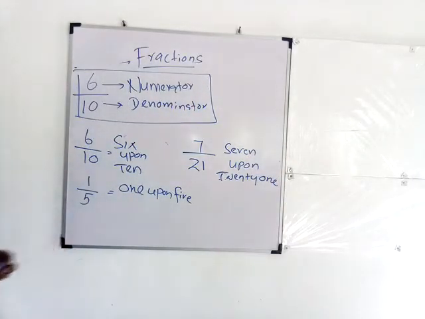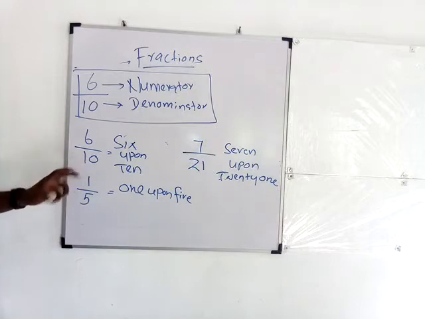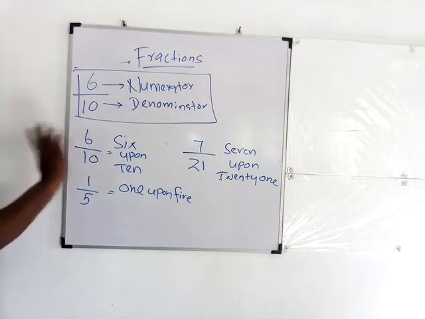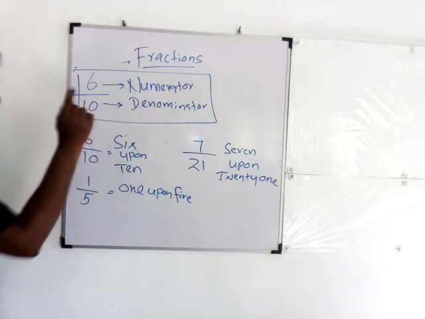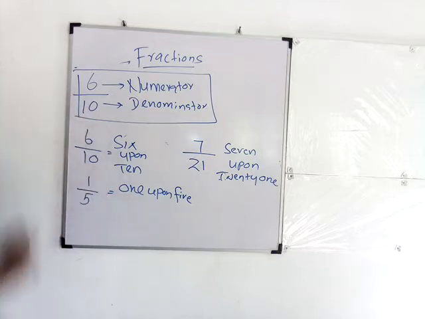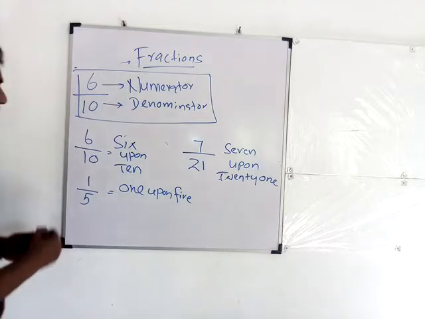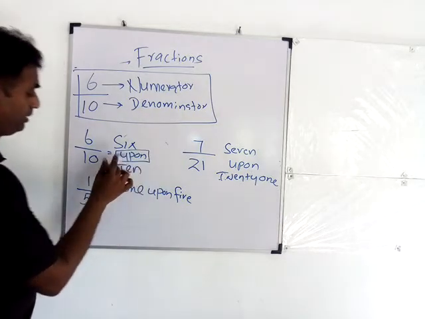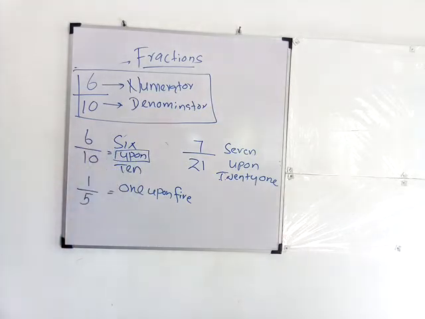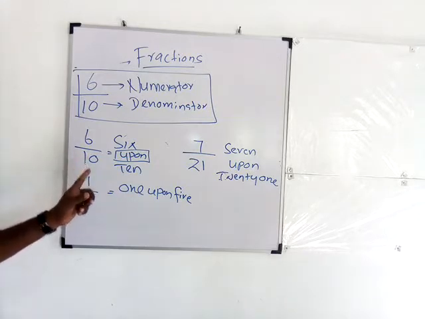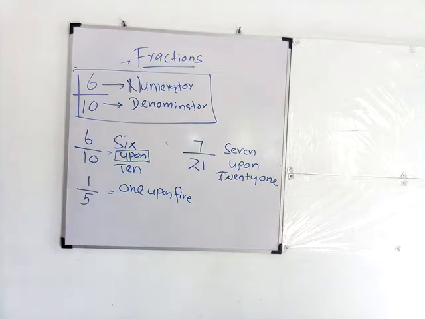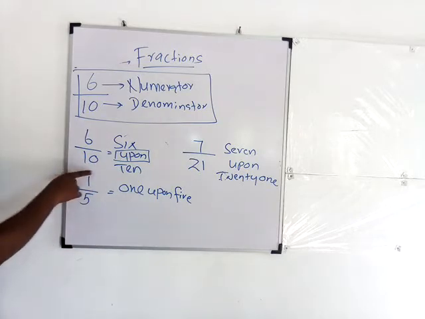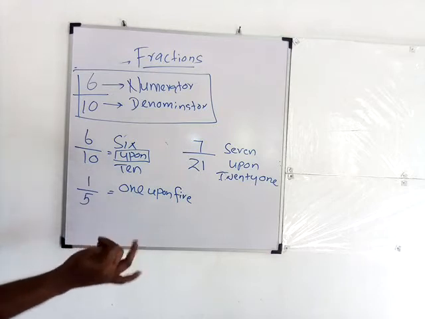What is special in this method? First we read the numerator, secondly we read the denominator. That is the same. But we use a special word for this: upon. 6 upon 10. Here the denominator is also read as a normal counting number. In the first system we read the denominator as first, second, third like this.